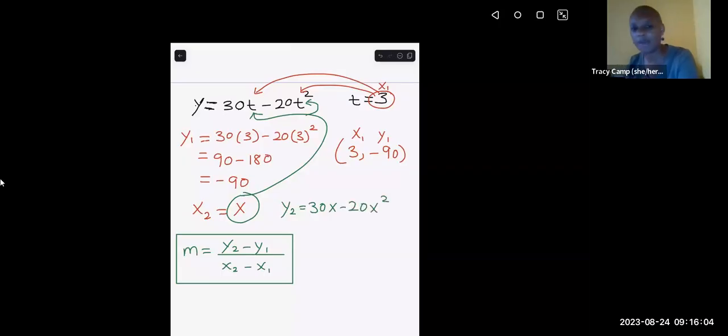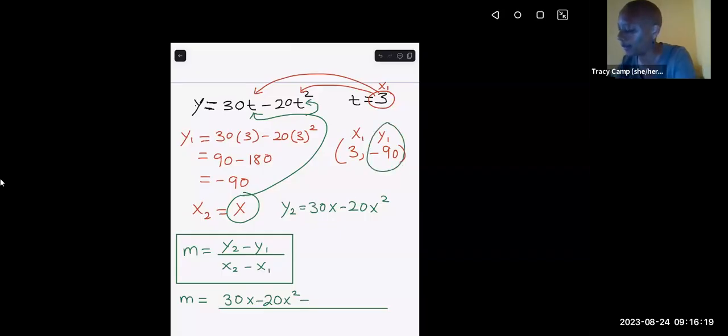Plugging everything in, we have 30x minus 20x squared minus our y1, which was negative 90, over our x2, which I just called x, minus our x1, which is 3.